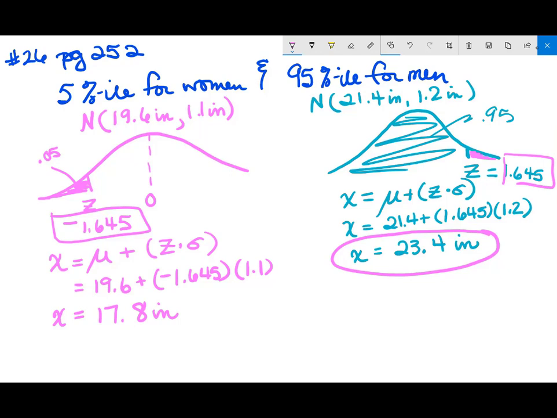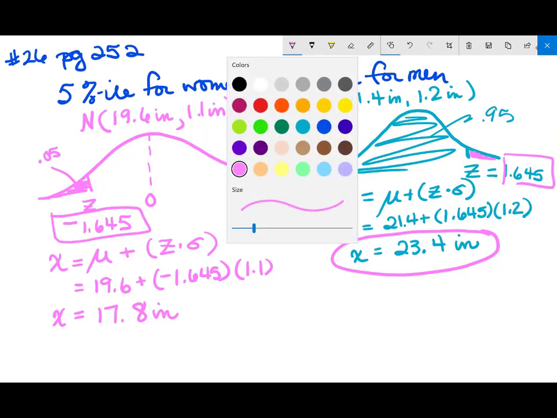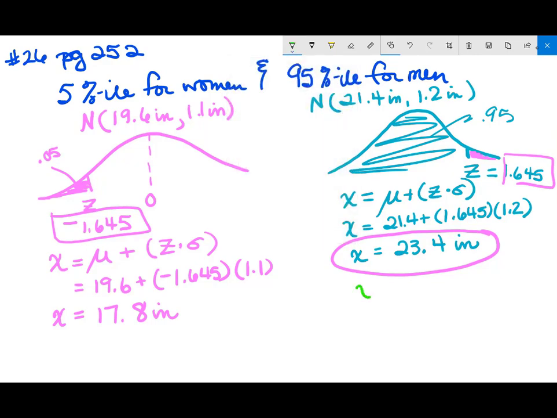Okay, so we have 23.5 inches. So when x equals 23.5, what's the probability who can fit under it? In other words, we want to know for men, what is this area if our x is 23.5.